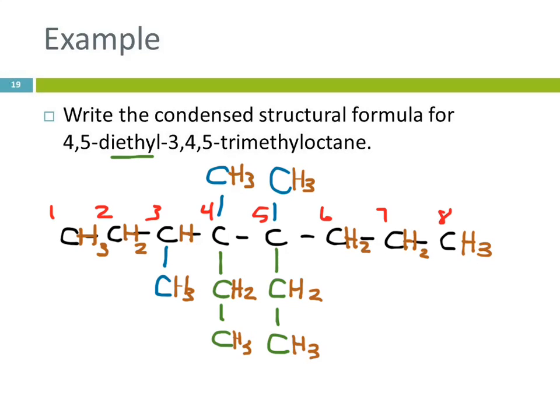Yes? How would you draw the molecular formula for them? How would I draw the molecular formula? Right. Well, you would have to do some counting. We'd have to count up all the carbons. We know there's 8 in here, but then there's 9, 10, 11, 12, 13, 14, 15. So that would be C15.